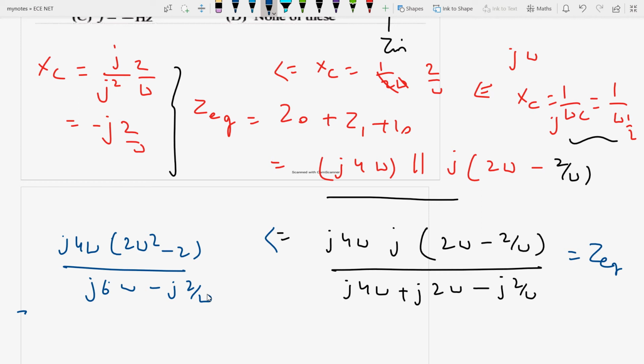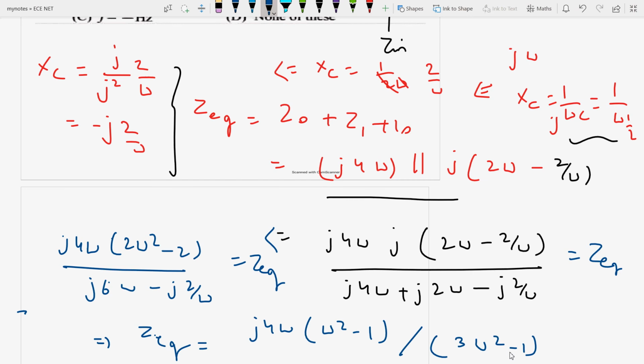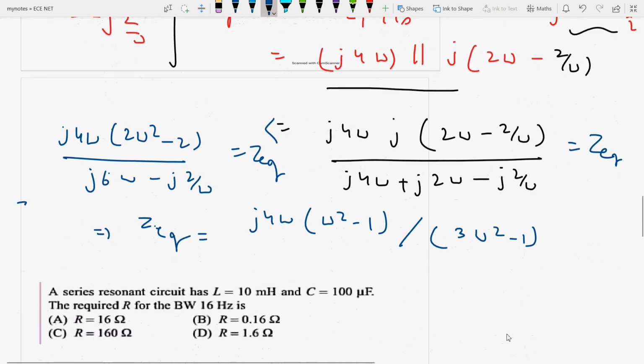Again, this Z equivalent is equal to j 4 omega into omega square minus 1 divided by 3 omega square minus 1. Now just solve it.